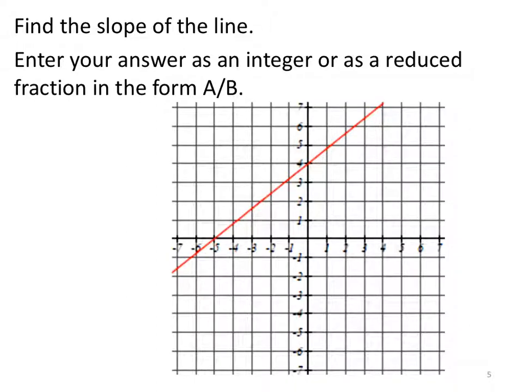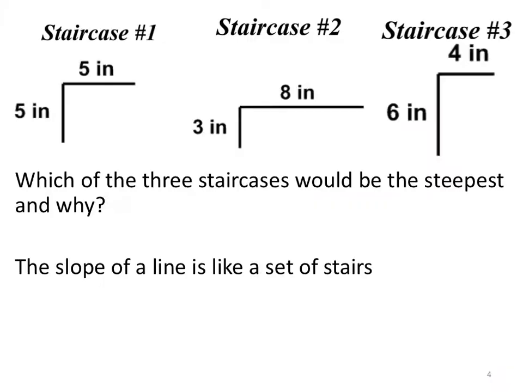So, find the slope of this line, okay? Now, the slopes of those staircases was the comparison of its vertical and horizontal change. If we did ask you for the slope of these stairs, maybe some of you have worked in the construction industry and you would know the slope of these, and that's fine.